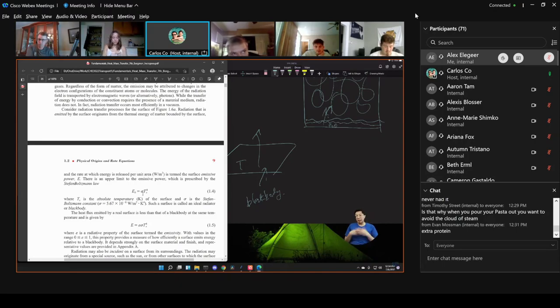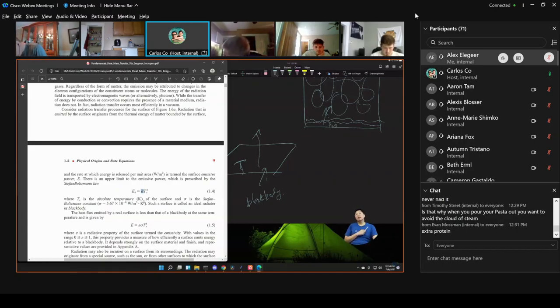The integration gives the temperature raised to the fourth power multiplied by this constant, sigma, which is referred to as the Stefan-Boltzmann constant, 5.67 times 10 to the minus 8 watts per square meter per Kelvin to the fourth.